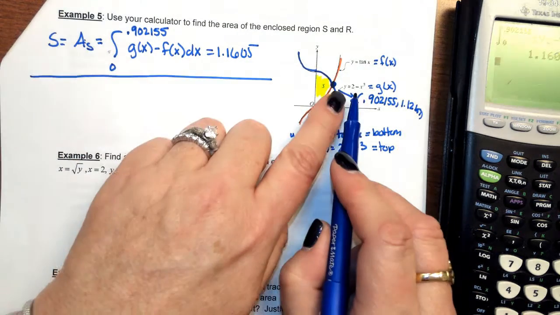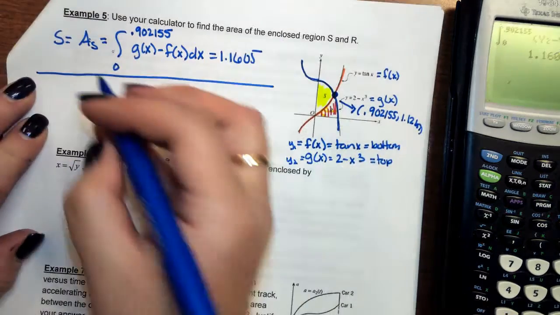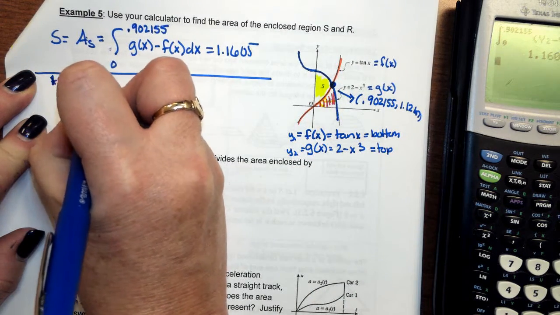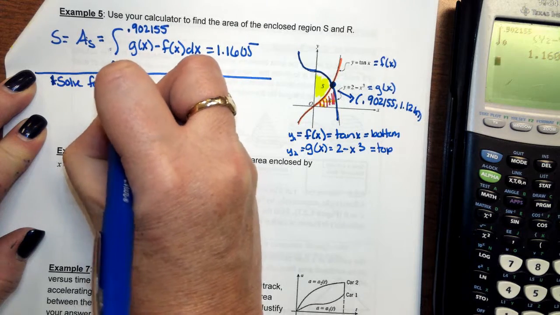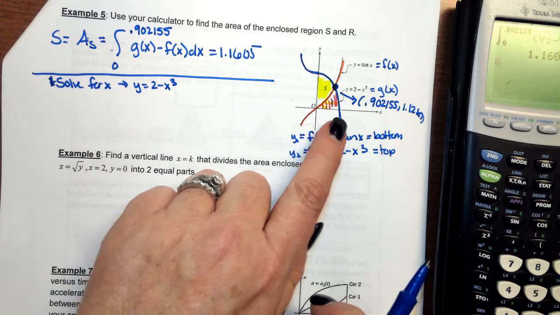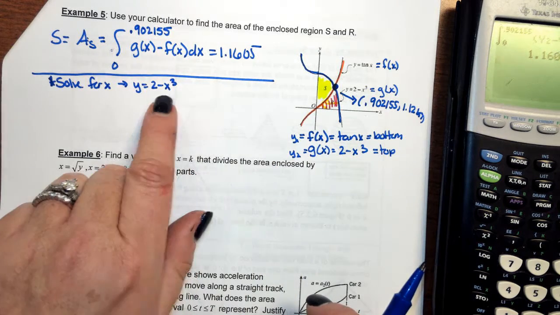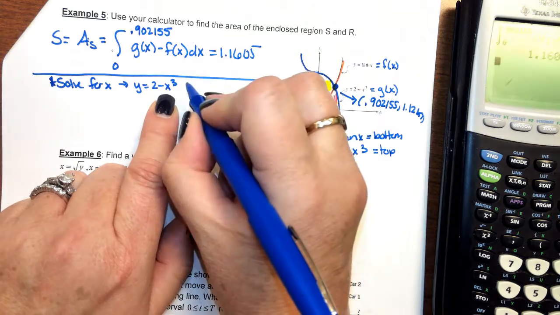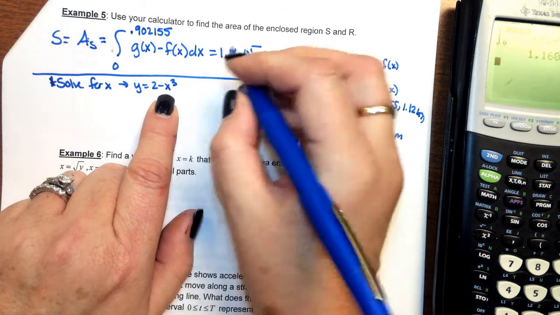But what I have to do here, first of all, remember I have to solve the equations for x. So right now my one equation is y is equal to 2 minus x to the third. Since I'm going to do a right minus left, I have to make sure I solve each of these equations for x. So I'm going to add x to the third and subtract y on both sides.